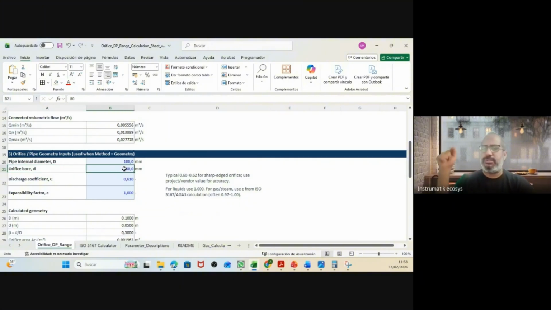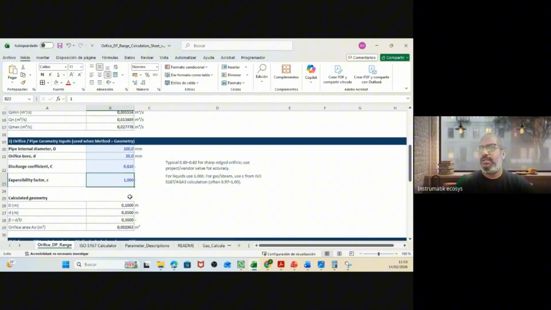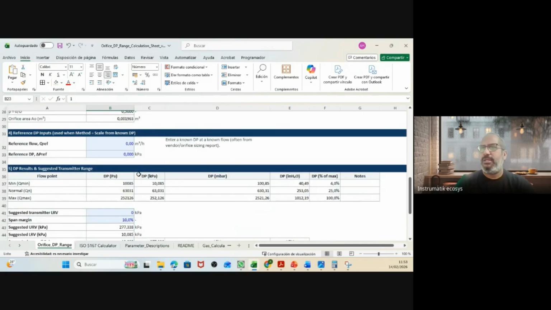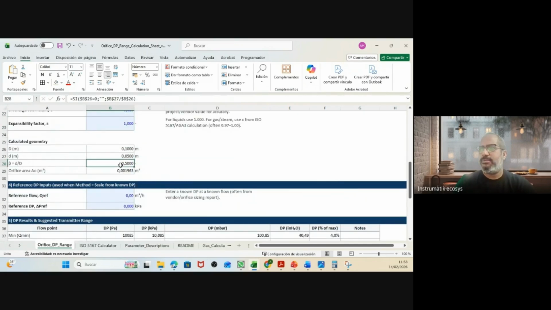You come here and just enter this value, and this is going to calculate automatically, below here, the beta ratio. They calculate the internal diameter in meters. This is another value that you need for the formulas.